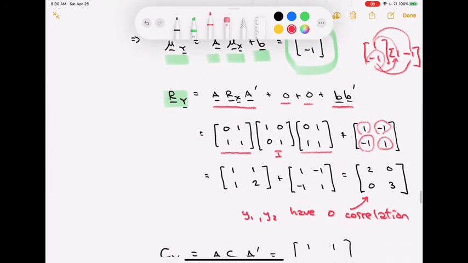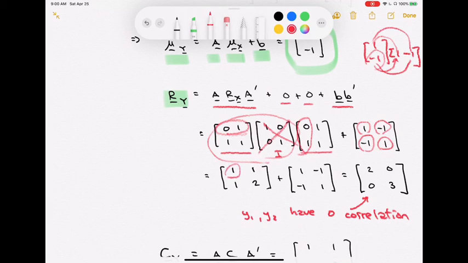If I continue in this, the identity matrix times anything is just the anything, so I don't have to worry about that. This guy doesn't really come into play at all. So I can do this by just taking A A transpose. Let's do the first element: I take the first row across the first column, so 0 times 0 plus 1 times 1 gives me 1.